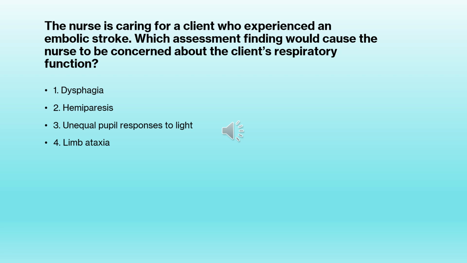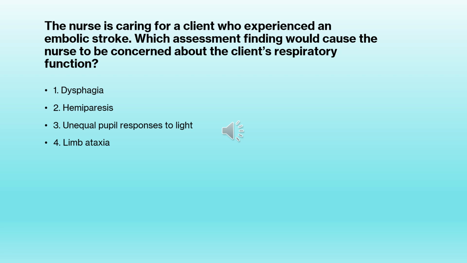So, all of these are things that can occur with a stroke, right? A person that had a stroke, depending on where the stroke was, how severe it was, a lot of different factors can cause an individual to have any of these things, right? So let's look back at the question.